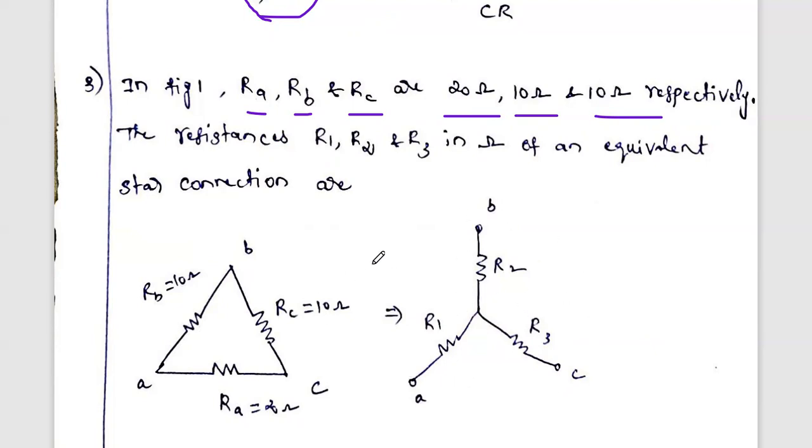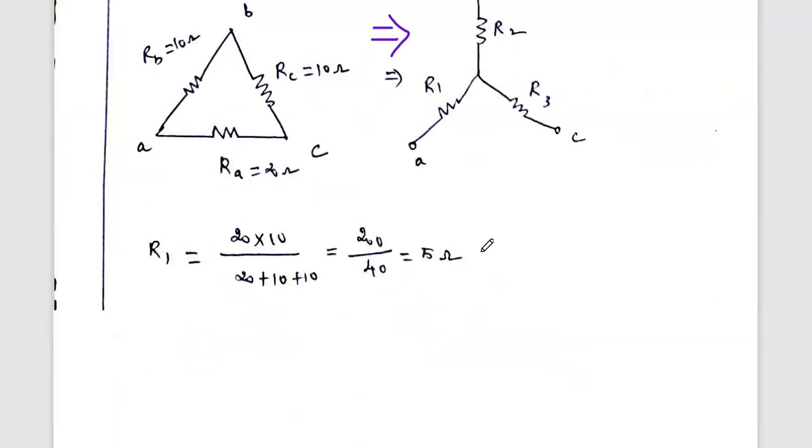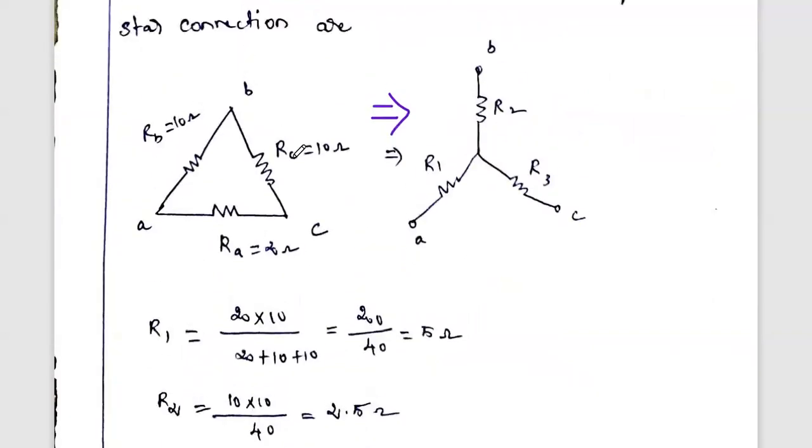We can convert the delta network into star and star into delta. Already you know the formula. If you are converting this delta network into a star network, we have to find the corresponding resistance values R1, R2, R3. First, check whether all the values in the delta network are equal or not.